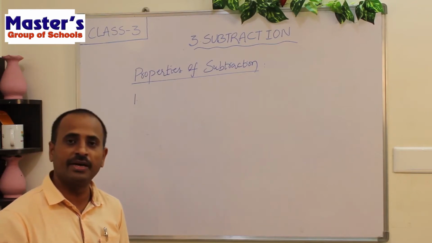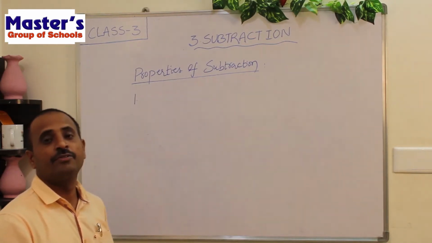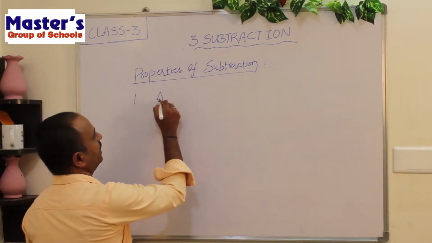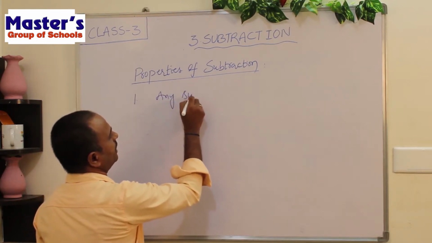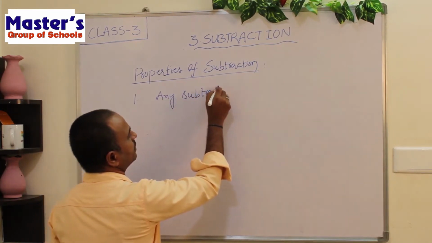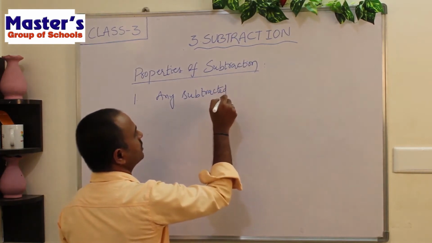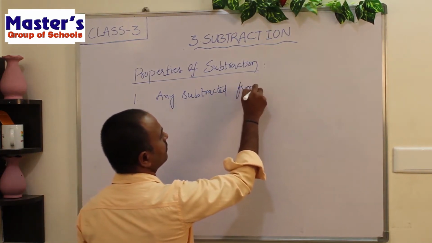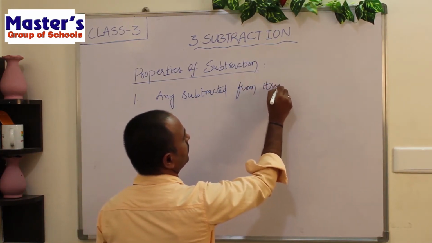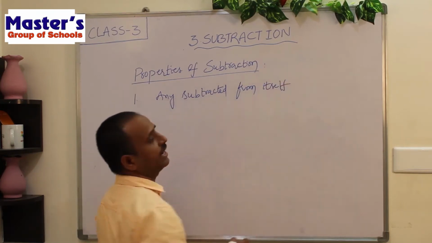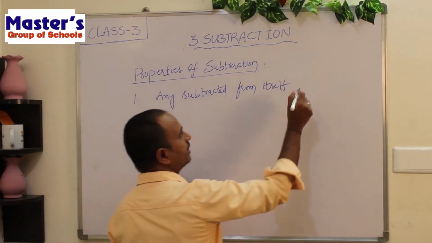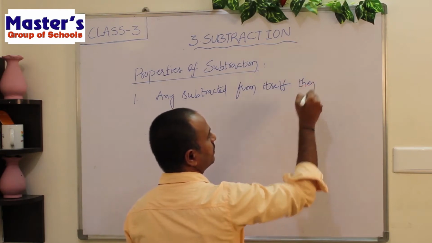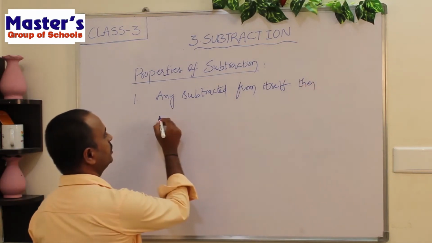If any number is subtracted from itself, the answer becomes 0.